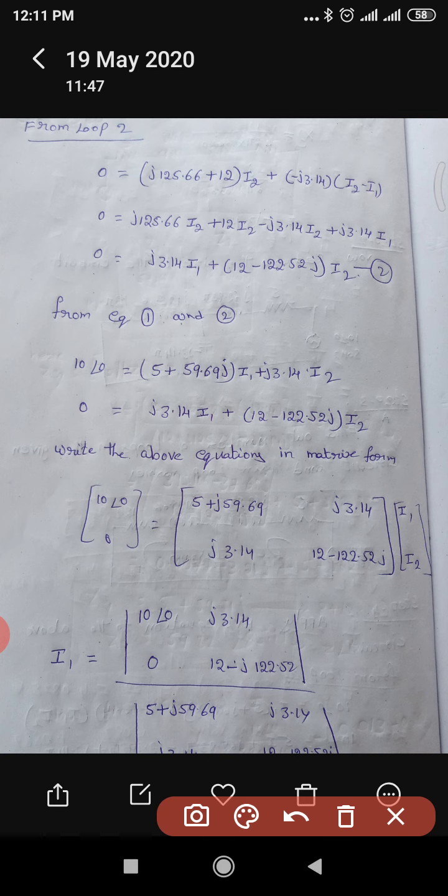By simplifying these values we get equation 2: 0 is equal to j3.14 into I1 + (12 - j122.52) into I2.